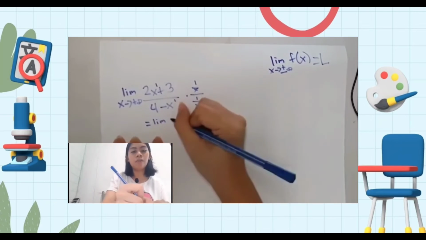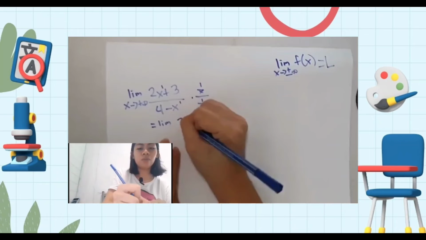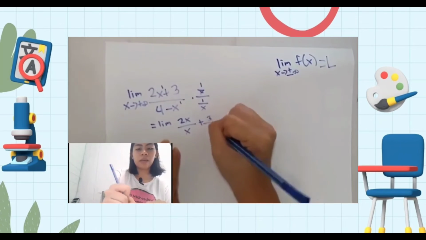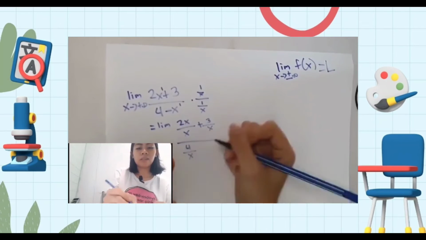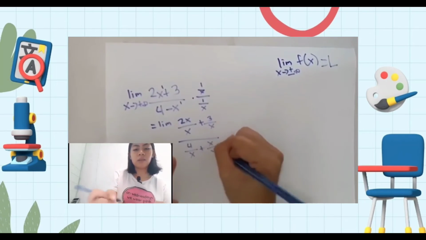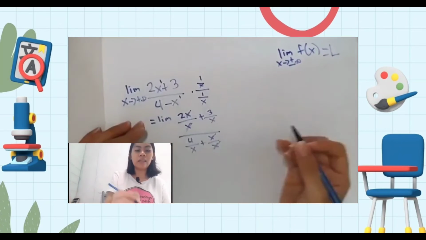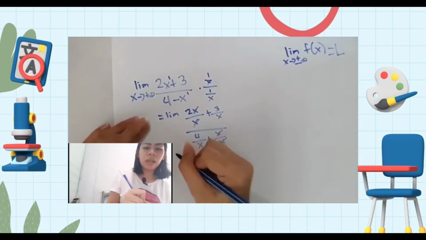And then next step is limit of 2x over x plus 3 over x, and ganun din sa ilalim, which is magiging 4 over x minus x over x. So yung mga x is pwede na natin i-cancel yan. Magiging 2 na lang siya.